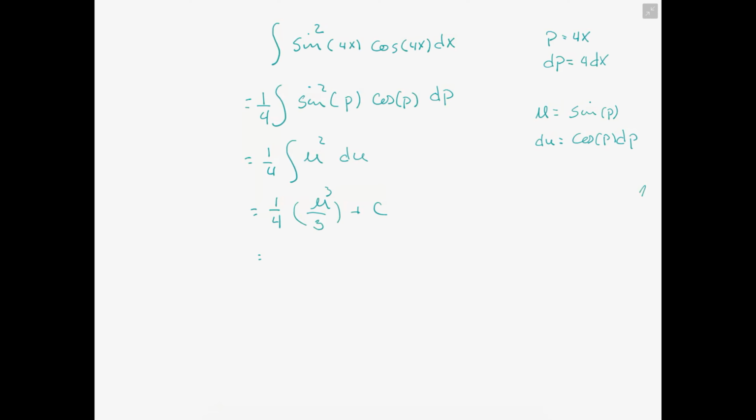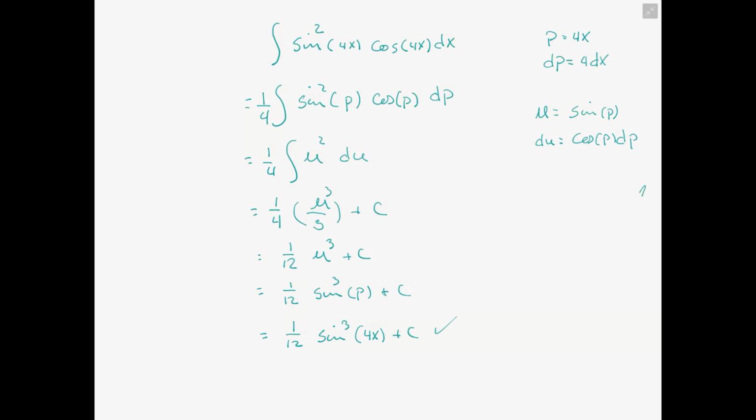And now we use our polynomial rule: 1/4 times u to the third on 3 plus c, and that equals 1/12 u to the third plus c, but u is sine p, so 1/12 sine to the third p plus c, and then p is 4x.